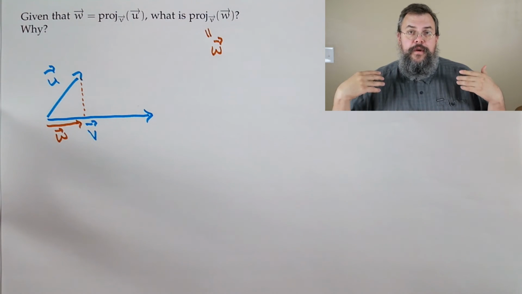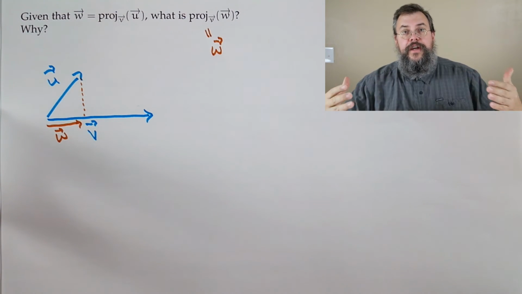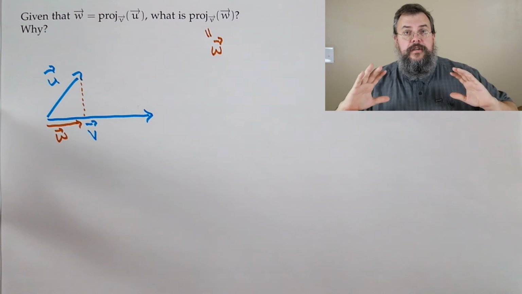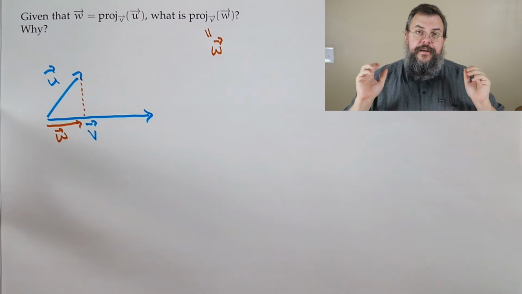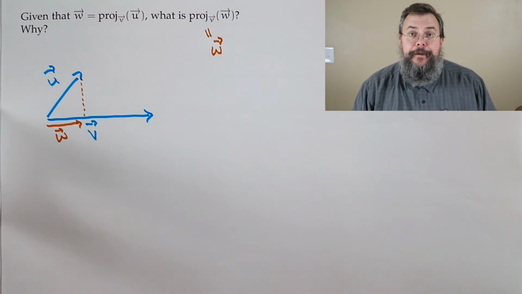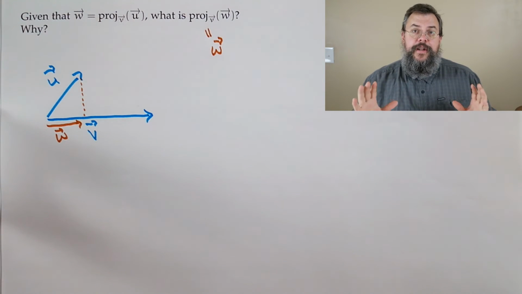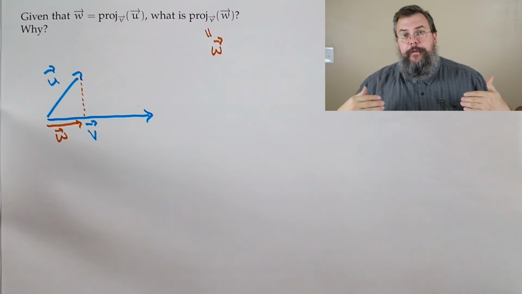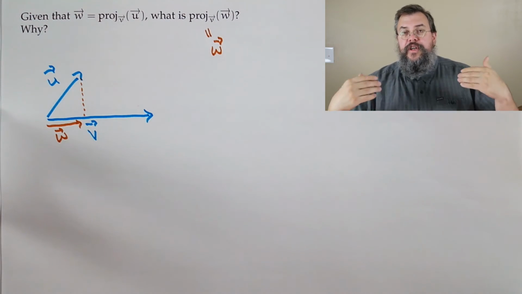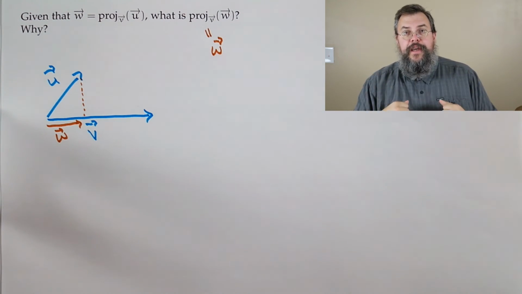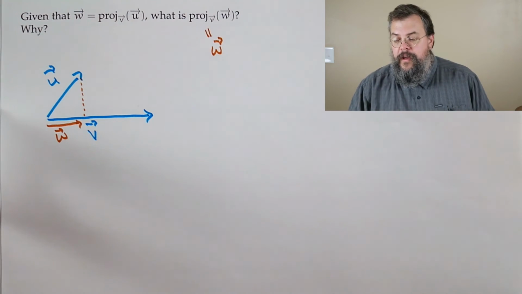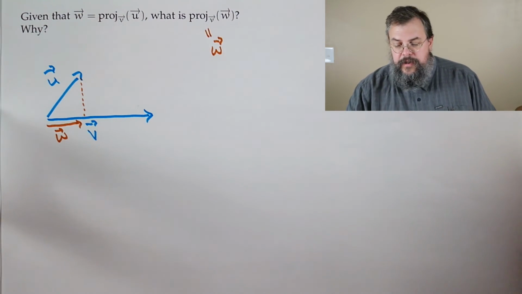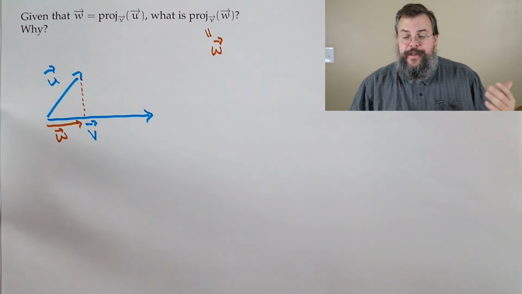And therefore, because we're already pointing in the direction of v, our projection says, no change needed. Here you go, back to where you began. So that's one thing to keep in mind. If I'm projecting onto a vector, and I'm already pointing in that direction, the projection will just return what I began with. All right, so that's the geometrical argument.